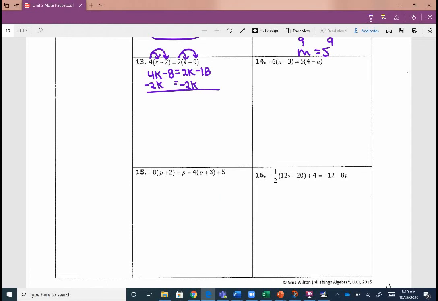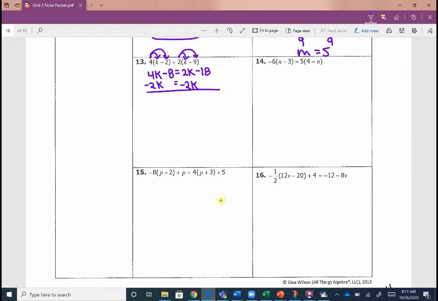And notice, guys, we keep talking about making sure we're lining things up. Notice where I'm putting those 2k's. I'm putting it right under what I can actually combine it with. So 4k, the -2k goes right under it. Positive 2k, -2k. Again, they're lined up. Anything with the k, we have them lined up. So we know exactly what we need to add or subtract together.